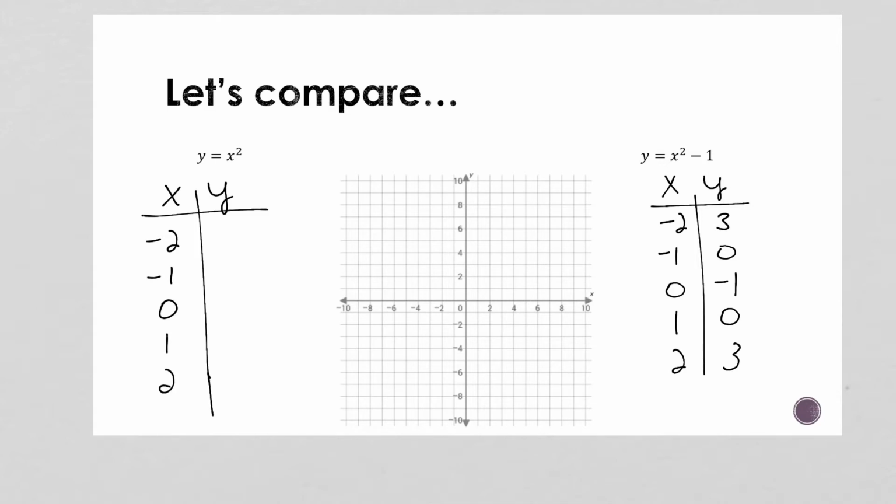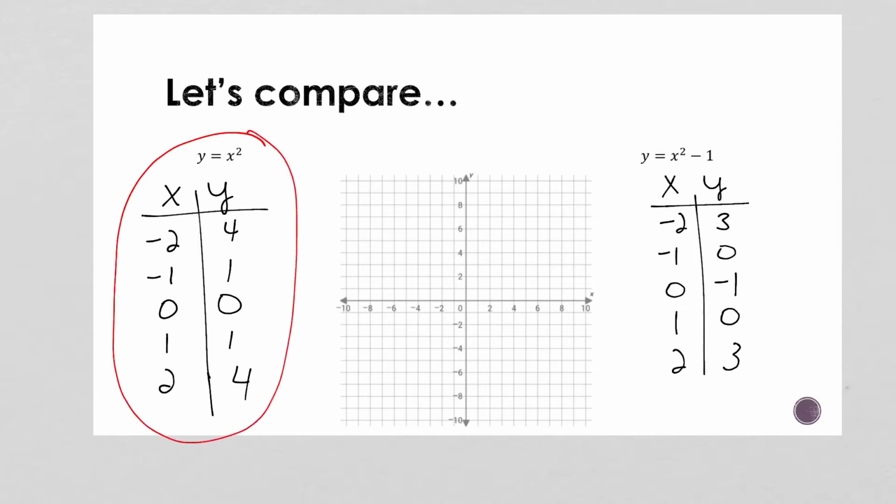Whenever we square negative 2, we get out 4. Whenever we square negative 1, we get out 1. Whenever we square 0, we get out 0. Whenever we square 1, we get out 1. And whenever we square 2, we get out 4. Let's do this one in red, so we're graphing x squared in red.